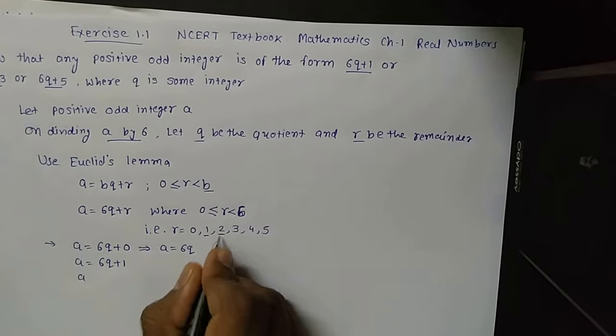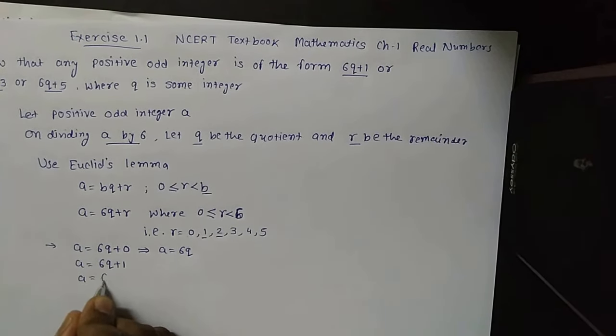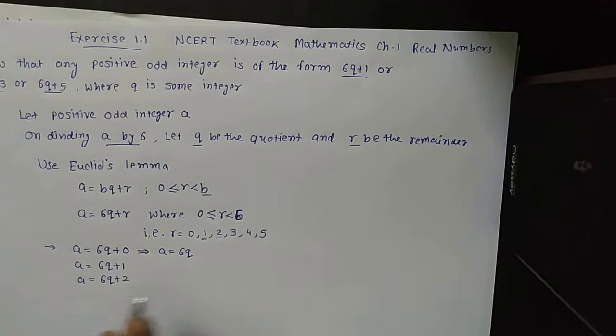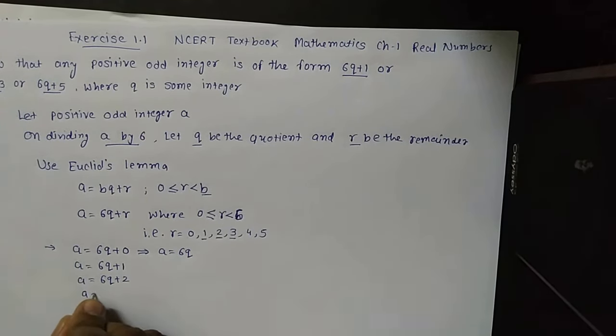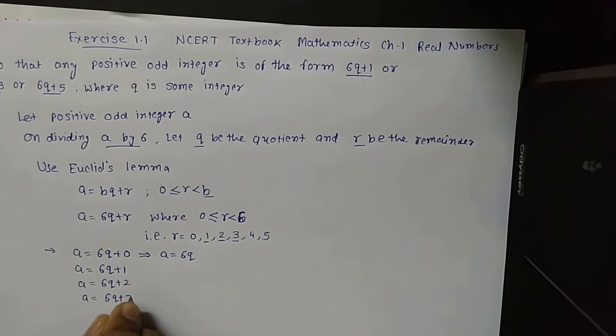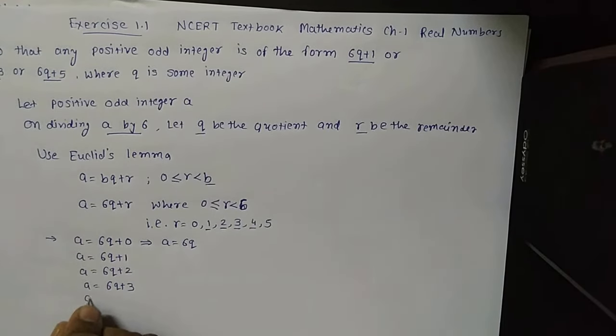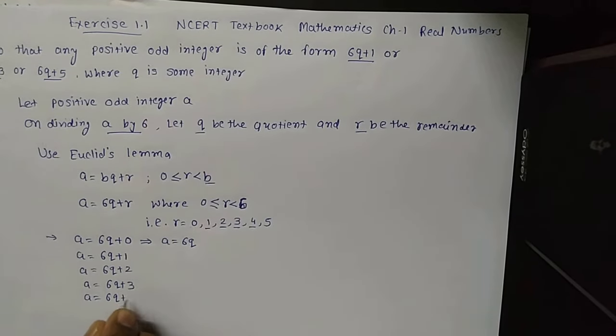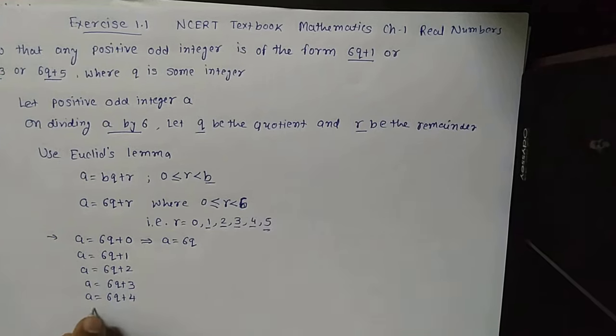Now I will consider r equal to 2, a is equal to 6q plus 2. I will consider 3, a is equal to 6q plus 3. Then a is equal to 6q plus 4. And a is equal to 6q plus 5.